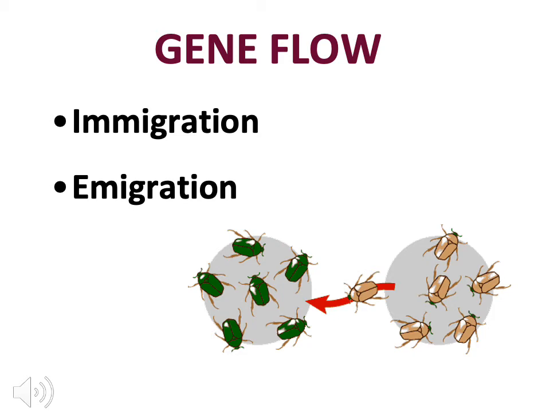It all depends ultimately on whether those individuals are selected for. So once again, the gene is not going to become established unless it's selected for. So gene flow is a way I can get new genes into a population, but that's not going to matter a hill of beans unless that particular gene is selected for.